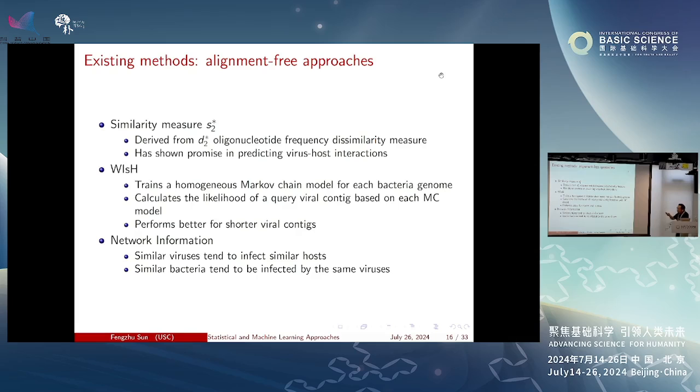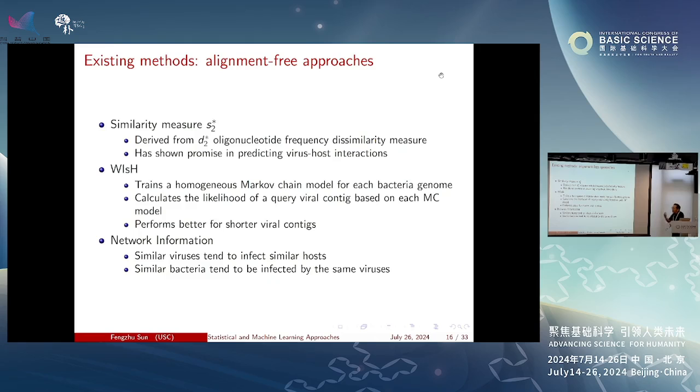So anyway, this is some earlier work, and then in another publication we showed that S2 can be used to measure the similarity between virus and host, and can be used to predict virus-host interactions. So for another method, after we published our work, another group used the so-called WIsH, and they used a Markov chain model to measure the similarity between the virus and the host.